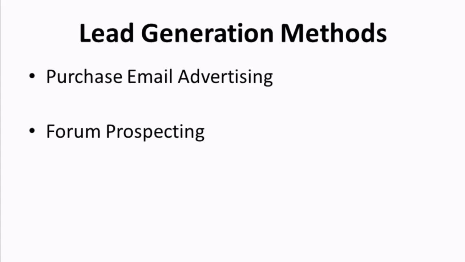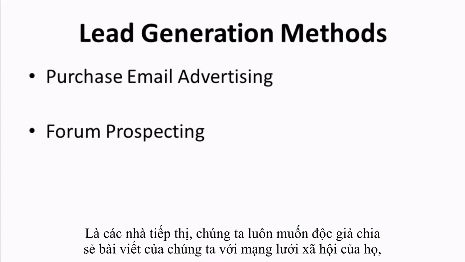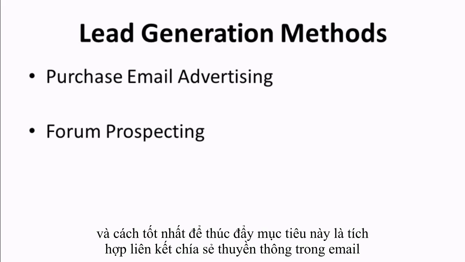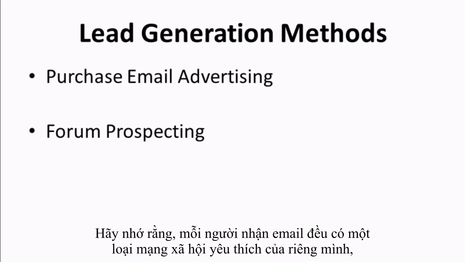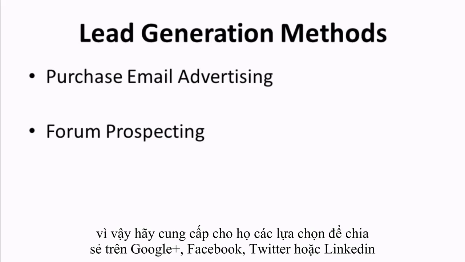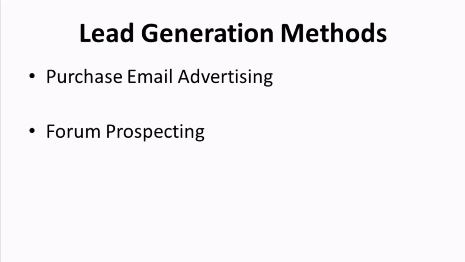Social integration. As marketers, we want our readers to be sharing our content with their network, and the best way to facilitate this is by incorporating social media sharing links into your email. Additionally, each recipient of the email will have their own favorite social network, so give them options to share on Google+, Facebook, Twitter, or LinkedIn.